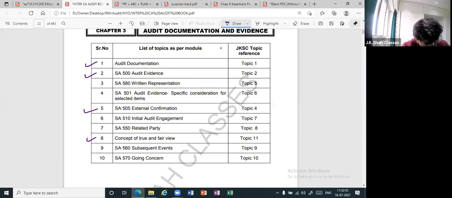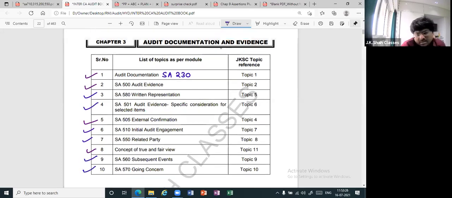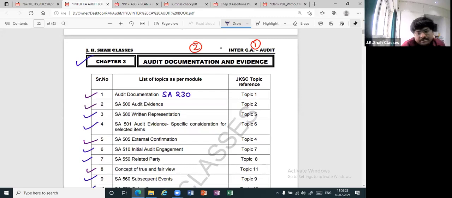Can I say SA 230 done? Audit evidence 500 done. SA 580 written representation done. 501, if you remember, had 3 things: inventory, litigation and claims, and segment information. Correct. Inventory done. 505 external confirmation was done way before. Done. Initial audit engagement, the first audit, done. 550 done. Concept of true and fair view done. Subsequent events done. Going concern done. So finally, can I say chapter number 3 done?